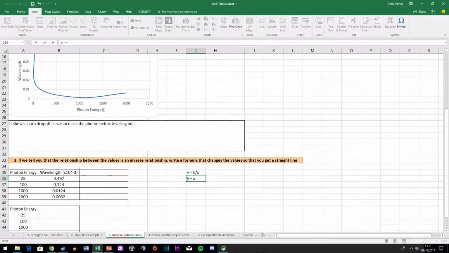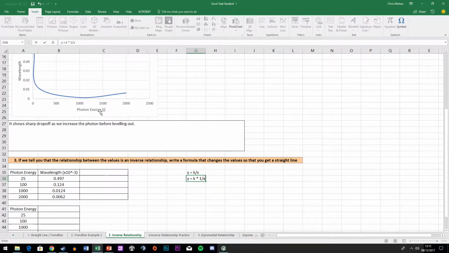That's what that graph looks like when we plot y equals x. But if we want to plot y equals k over x, well, the y bit doesn't change. We're just going to keep our y values the same, or in this case the wavelength. But we are going to change our x values, and instead of being x, we're going to write it as k multiplied by 1 over x, where our gradient of our line is going to be k, and we're going to plot 1 over x.